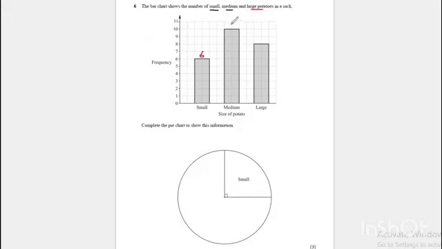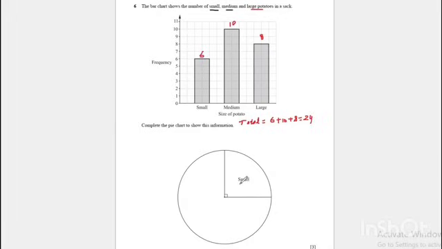Here we have 6, then 10, and large we have 8. It means the total number of potatoes is 6 plus 10 plus 8, which is equal to 24. And remember, we have to do the work for the pie chart.